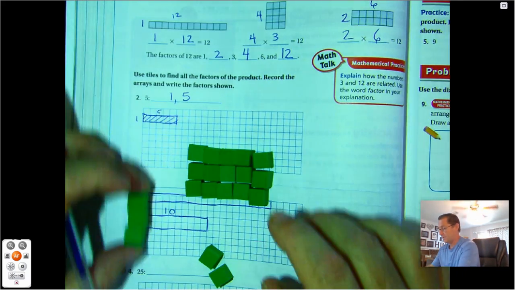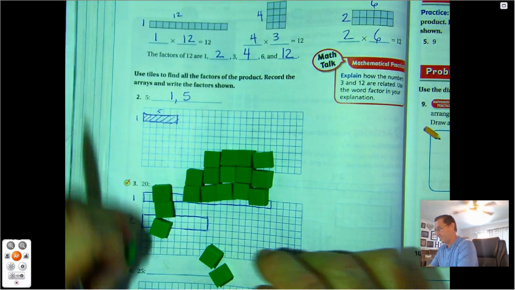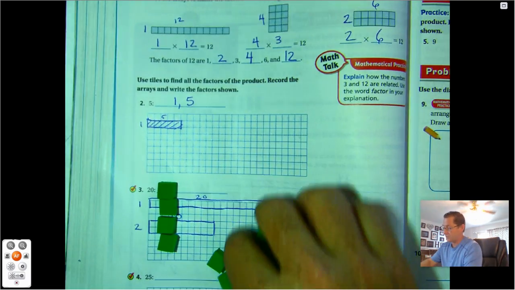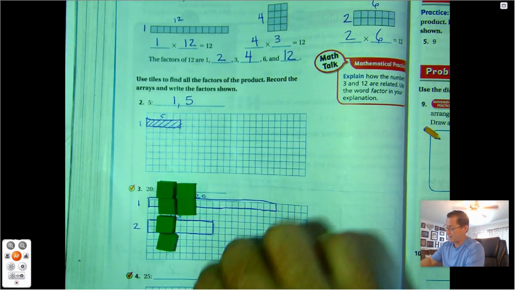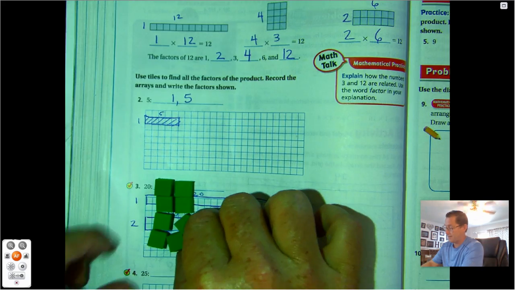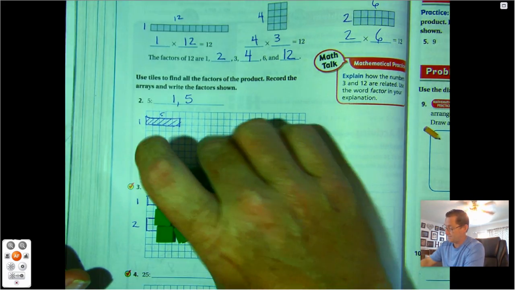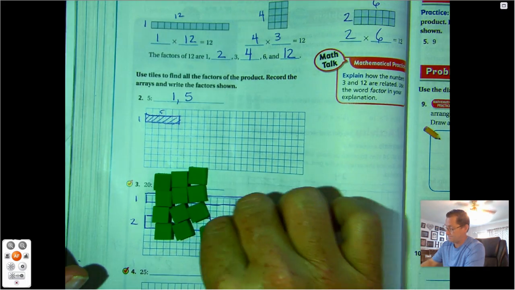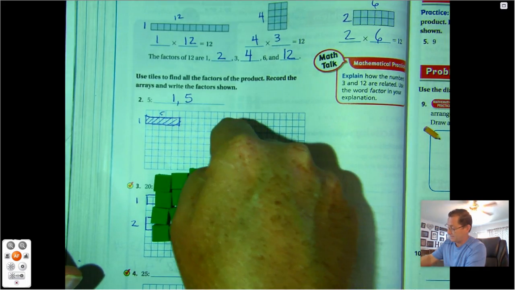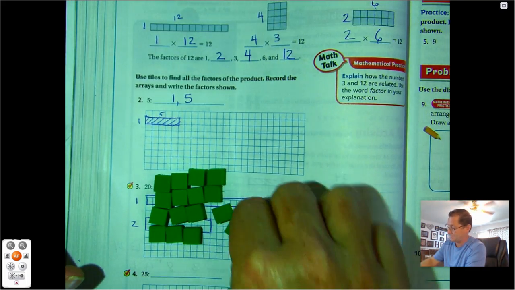Okay. 4. Would you say 20 when you count by 4s? I think you would. 4, 8, 12, 16, and 20. So yes, we do.